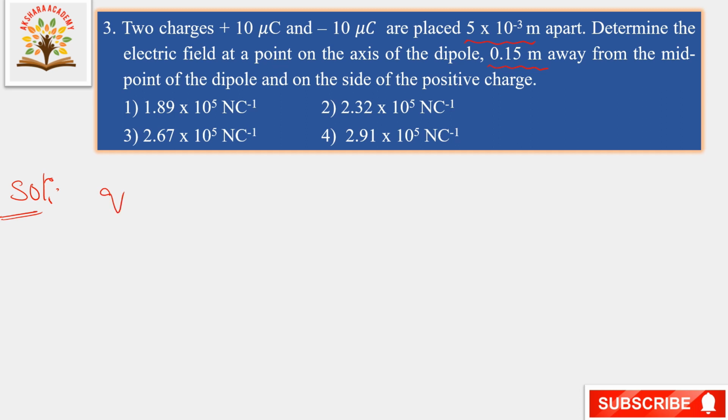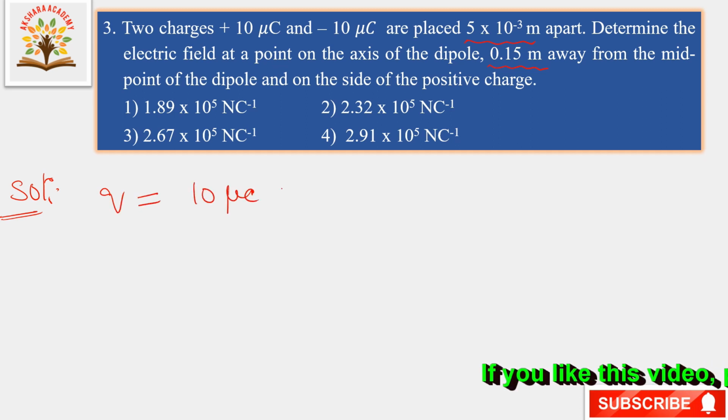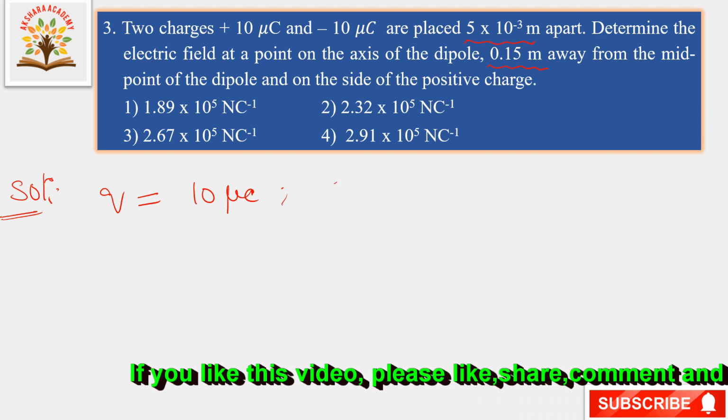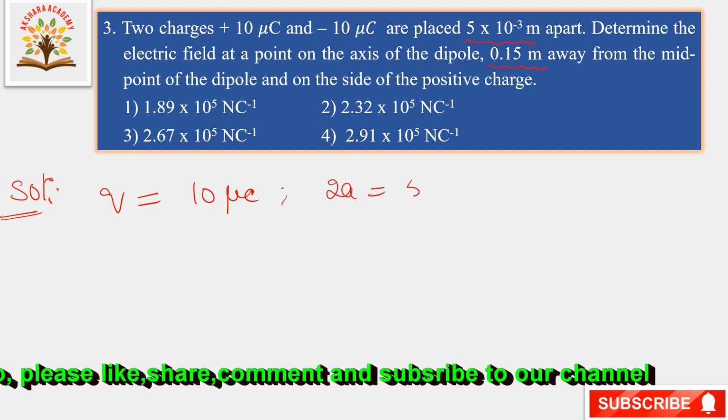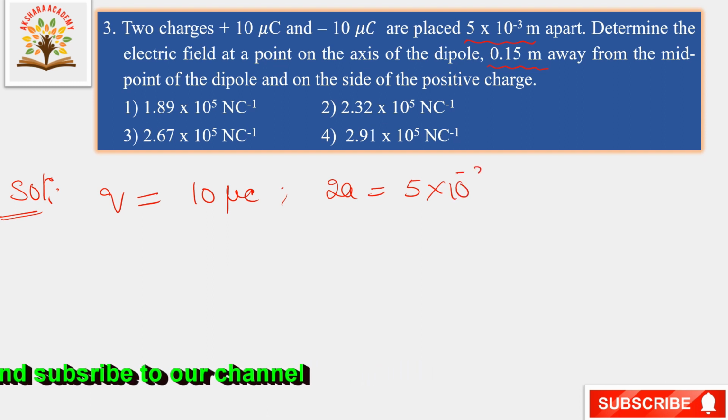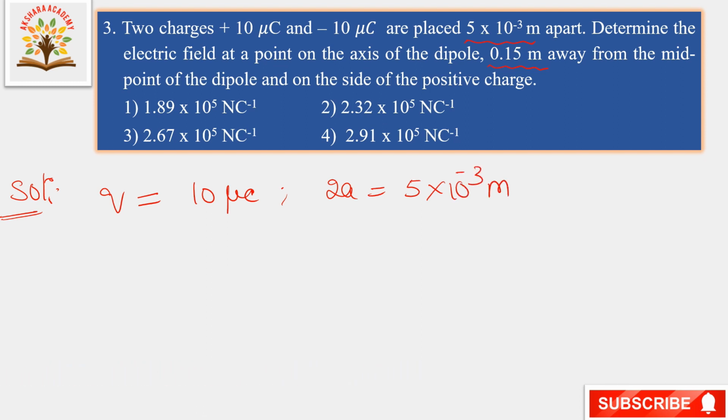Given the two charges are 10 microcoulombs, and they are separated by a distance, that is 2a is equal to 5 into 10 to the power of minus 3 meters, and we have to calculate the electric field at a point on the axis of the dipole, and r is equal to 0.15 meters away from the midpoint of the dipole.